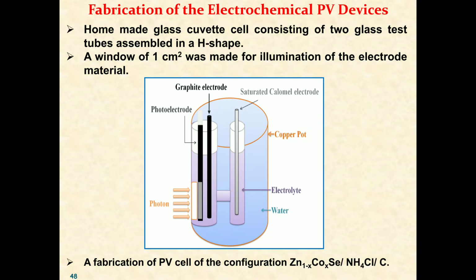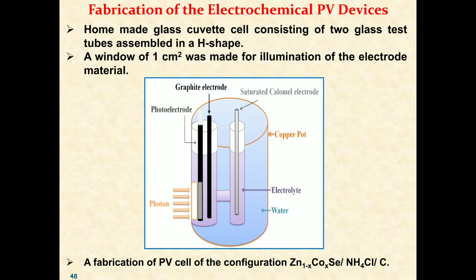As an application part, we have decided to form PEC devices. We have designed an electrochemical photovoltaic device as shown in the figure. A homemade glass cell consisting of two glass test tubes assembled in an H shape.